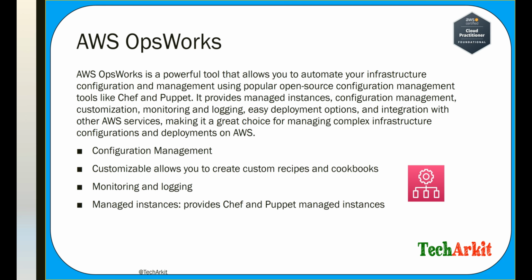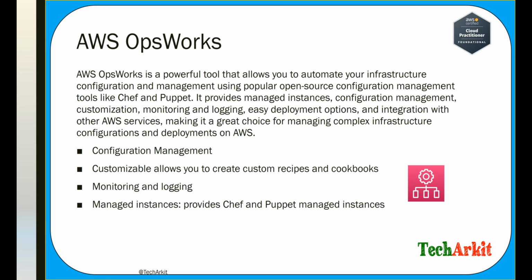Configuration management, so you can use configuration management. Customizable, it allows you to create custom recipes and cookbooks. So those are the configurations you can make. Monitoring and logging can also be made easy using this OpsWorks tool. Managed instances provide Chef and Puppet managed instances.